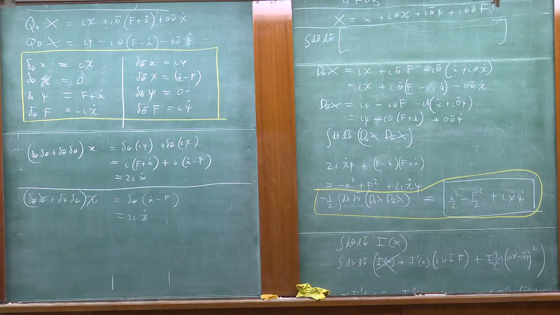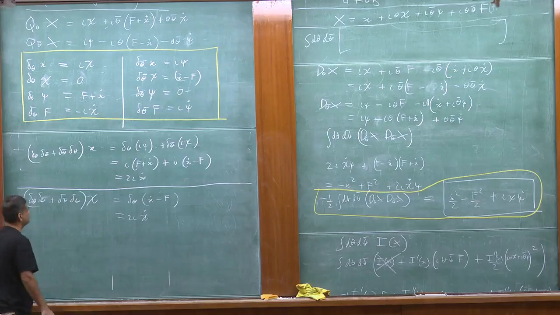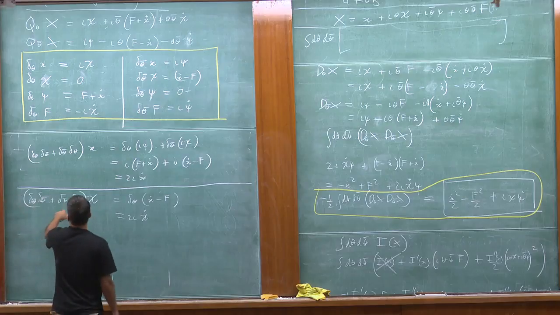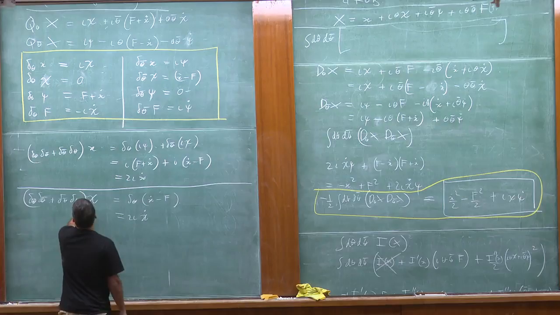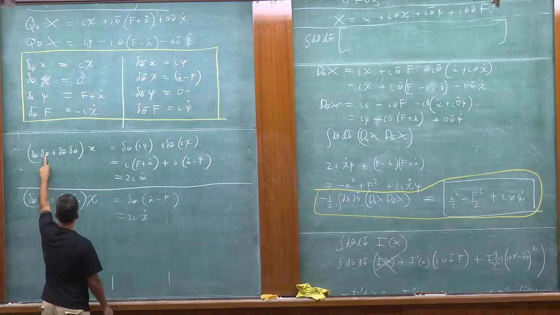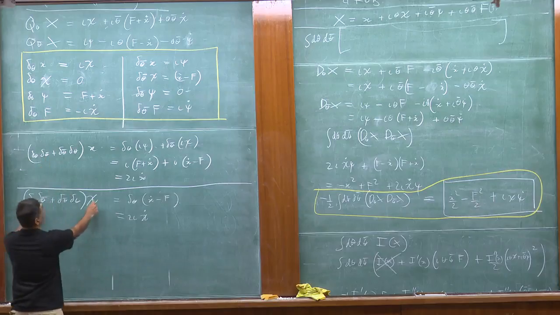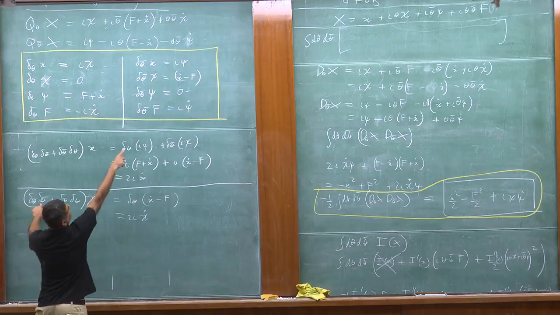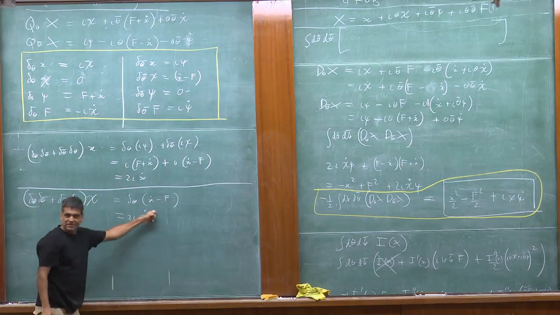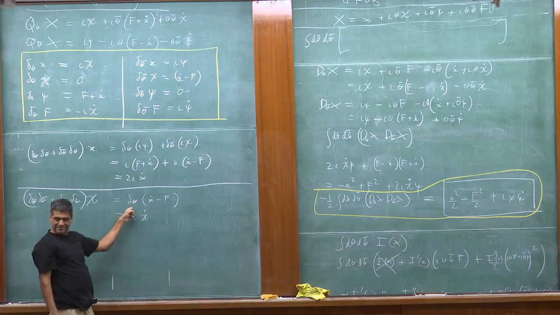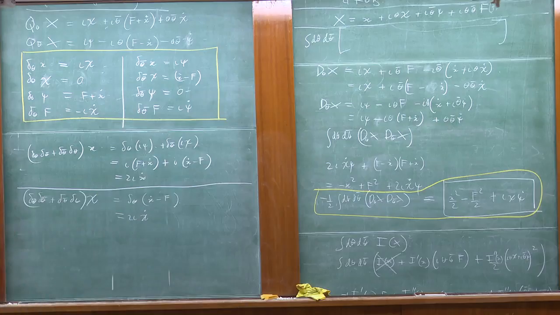Great. Delta theta on chi was 0, and therefore we acted with delta theta bar on chi. Delta theta bar on chi was x dot minus f. So now we have to act with delta theta on it. And we got this. All good?